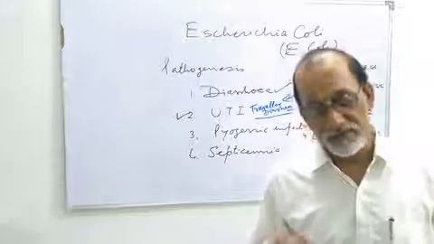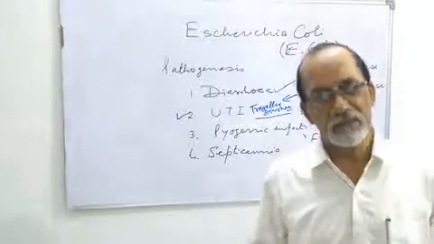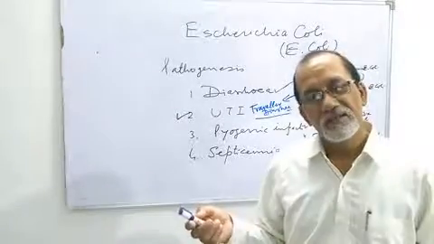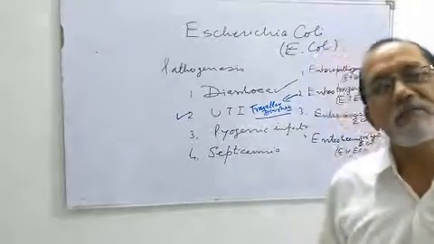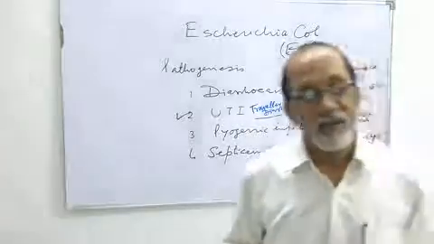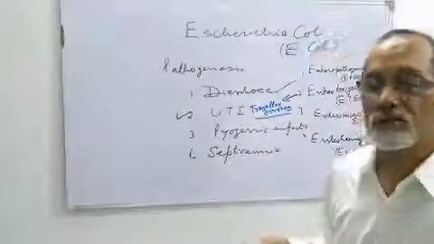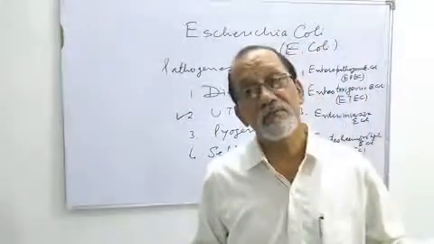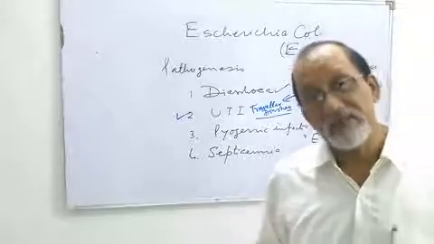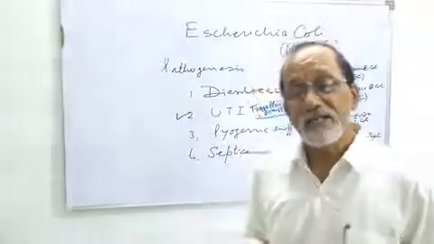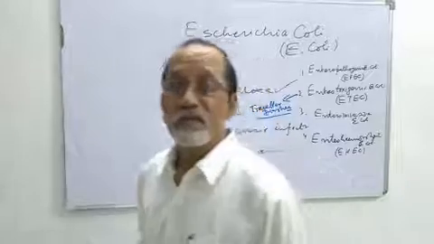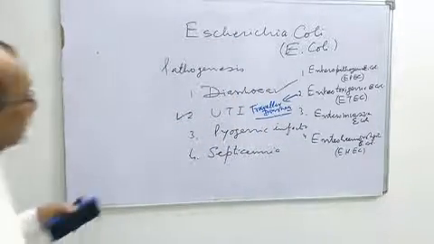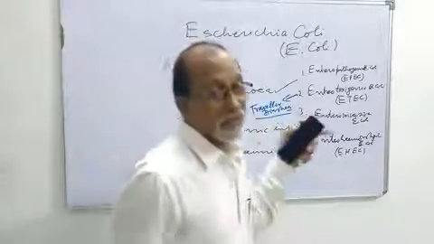And for this we take a specimen from feces or rectal swab, and we do the culture especially on MacConkey medium, and after overnight incubation the growth on culture is identified by the colony morphology that we have studied earlier, and the gram staining, and motility and biochemical reactions. These are the things by which we do the diagnosis of diarrhea.